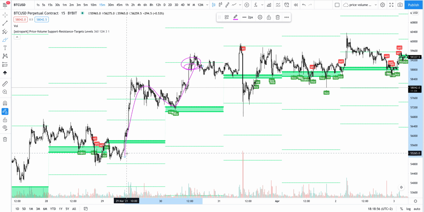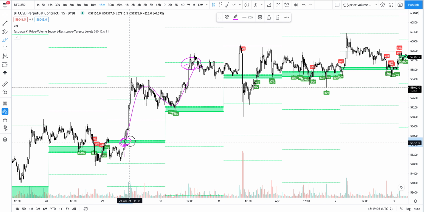In this case, instead, once this zone was broken, we had a breakout, price reached the first, the second, and just missed the third by a few pips.